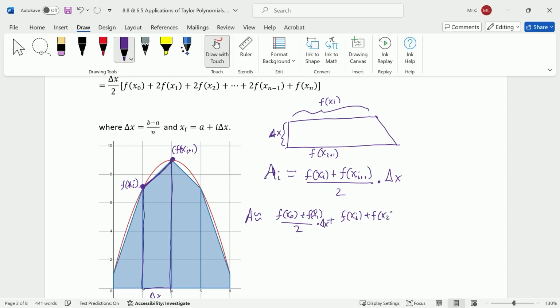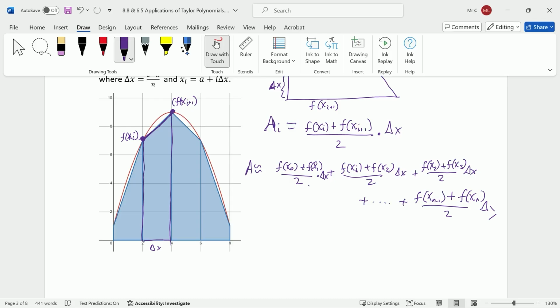Plus f of x2 plus f of x3 over 2 delta x plus ... And at the end, I'm going to add f of x sub n minus 1 plus our last term, f of x sub n, over 2 times delta x.